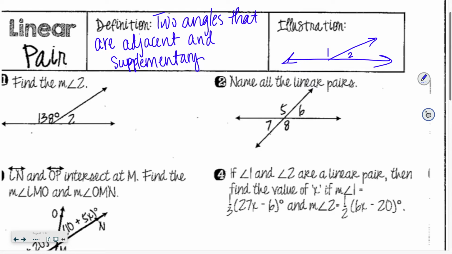So on number 1, find the measure of angle 2. So you're going to do what? Subtract from 180. 180 minus 138, and you're going to get 42 degrees.